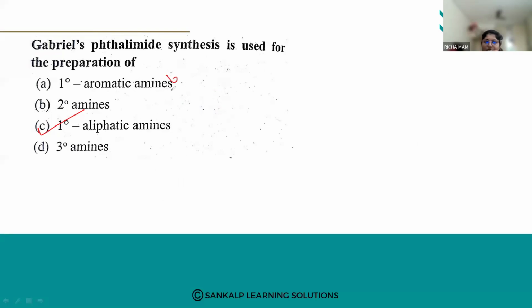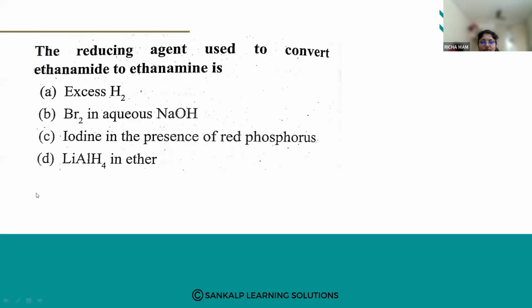It does not form primary aromatic, secondary, or tertiary amines. Why not primary aromatic amines? Because aryl halides do not undergo nucleophilic substitution reactions. Secondary and tertiary amines are also not possible due to steric hindrance. So it is only the primary aliphatic amines that can be best prepared by Gabriel phthalimide synthesis.